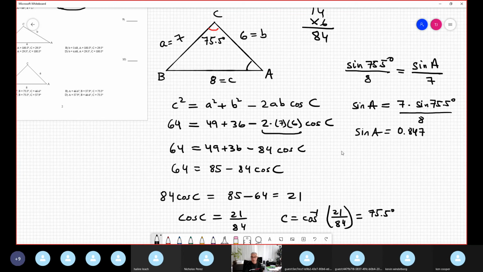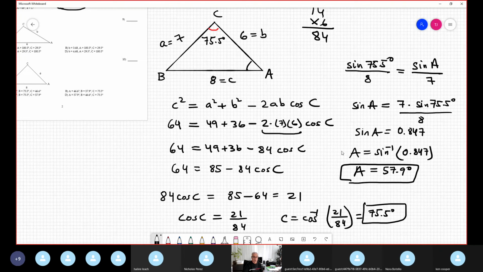Nice, it's between -1 and +1, so it's defined. Sine inverse of this quantity is 57.9 degrees. Okay, I have the answer.